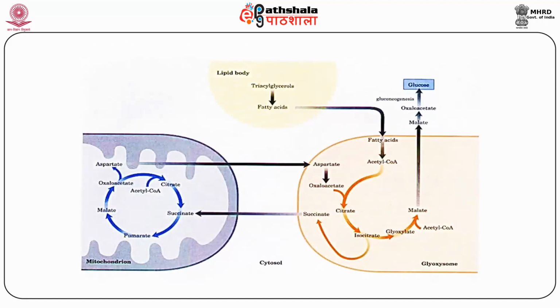The figure shows that the reactions of the glyoxylate cycle in glyoxysomes proceed simultaneously with those of the citric acid cycle in mitochondria, as intermediates pass through the cytosol between these compartments.